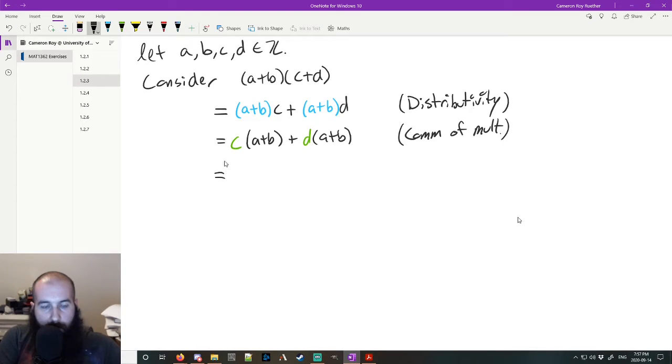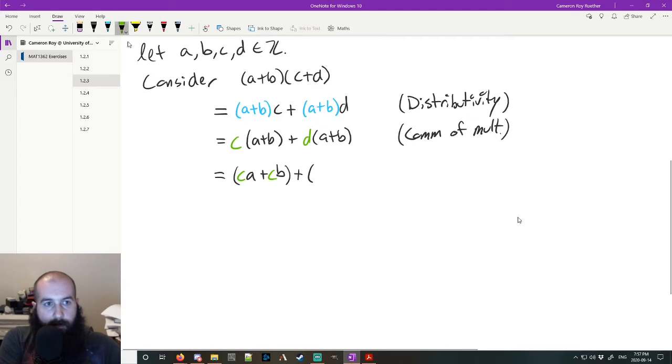And now again, we can use distributivity, and what we'll get is c times a plus c times b, and that will all be grouped together because there is one pair of brackets here, so they should be maintained.